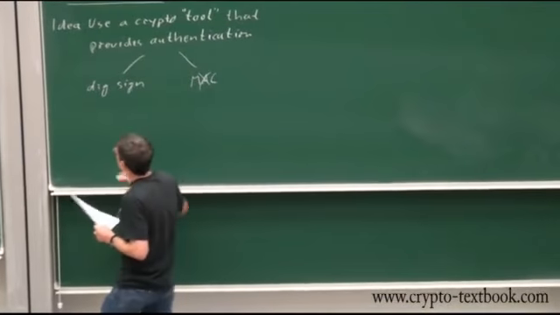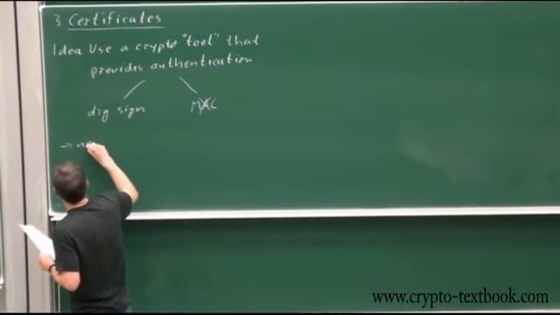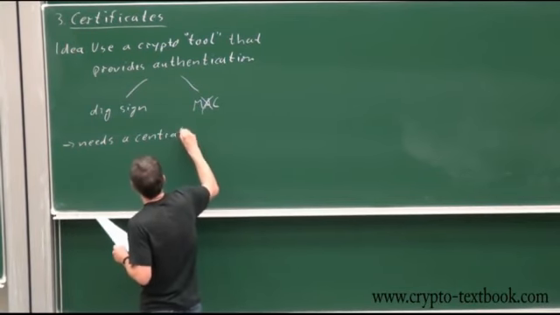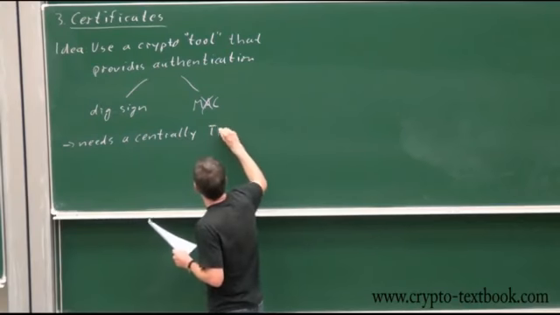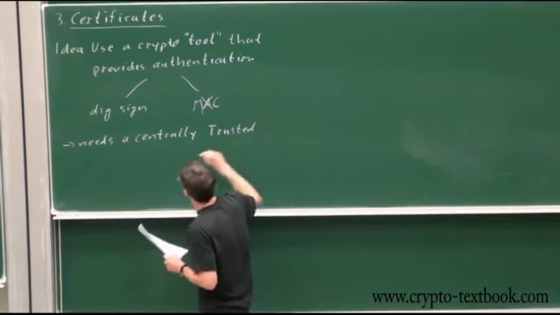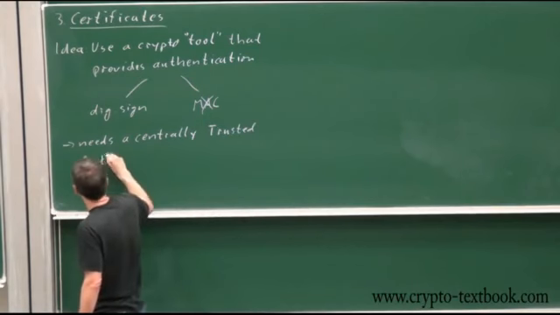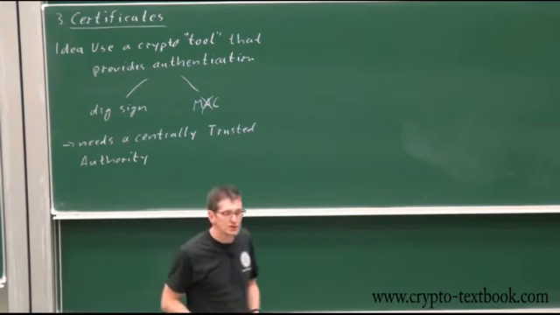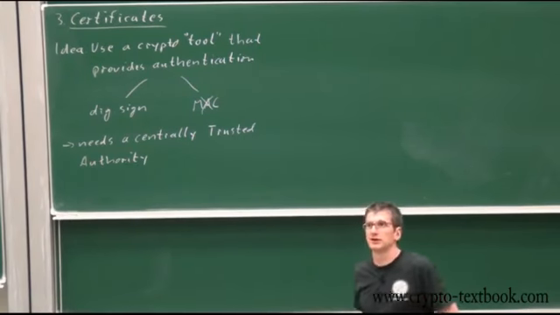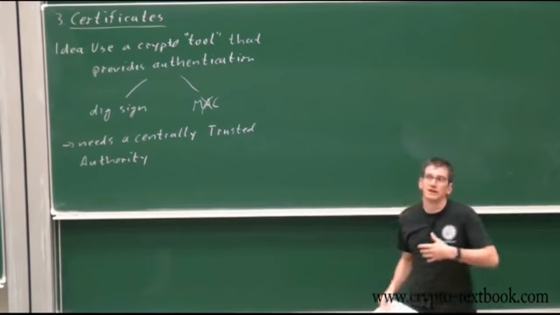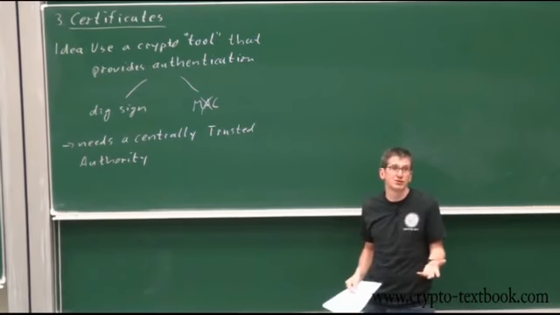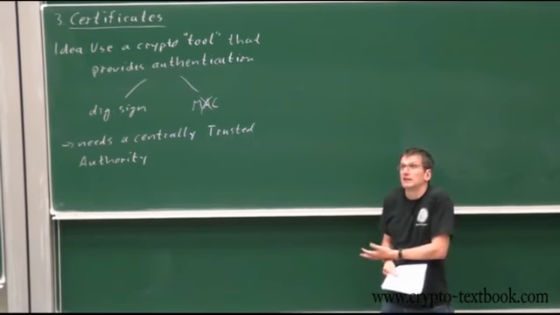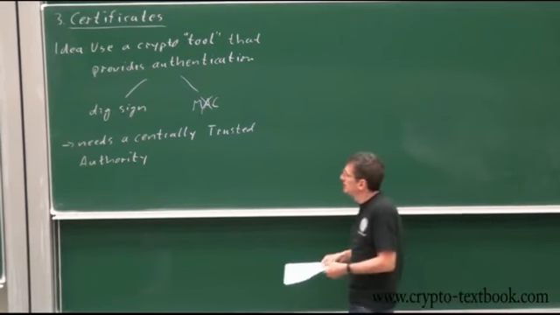Well, you need a centrally trusted authority, and we did talk about trusted authorities when we talked about symmetric schemes, and one example was the KDC, key distribution center, in the case of symmetric-based cryptography. And for whatever reason, we use a different name here.